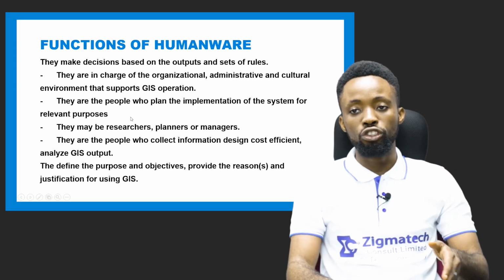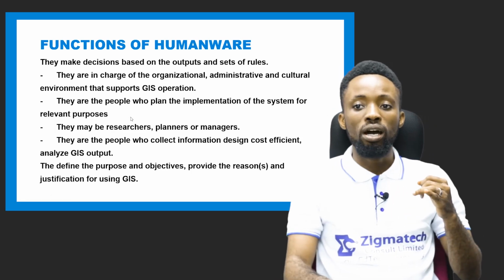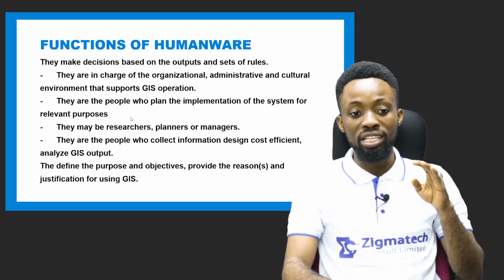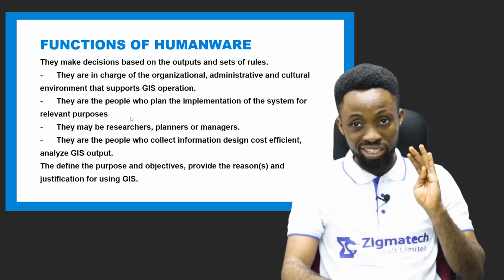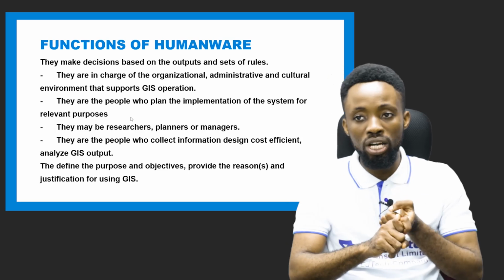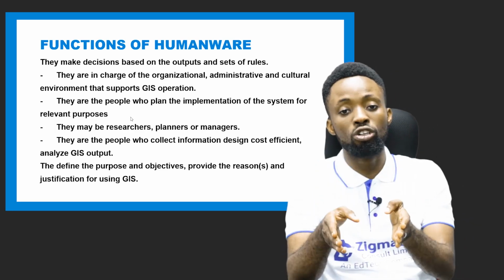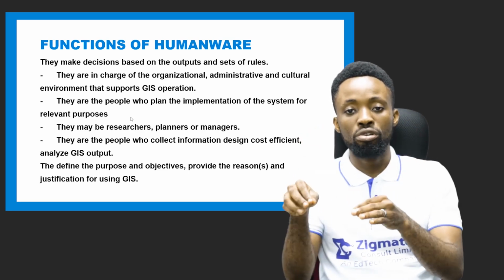Now, what are the functions of the peopleware, the humanware, or the users? They make decisions based on the output and the set of rules that they get. They are also in charge of the organizational, administrative, cultural, and environmental aspects that support GIS operation.